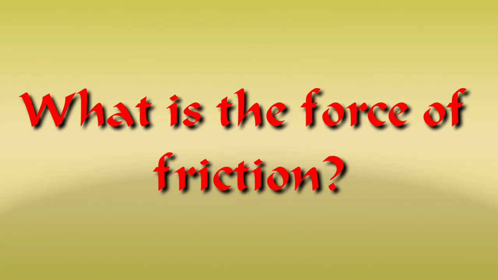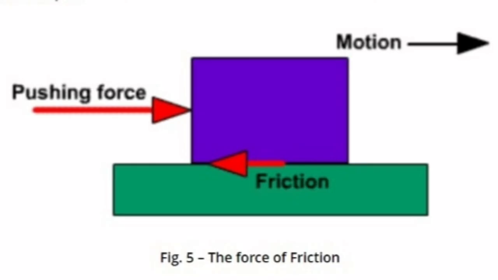Next topic: what is the force of friction? It is a force exerted when two surfaces are in contact with each other. It always acts in a direction opposite to the direction of motion of the object. This diagram shows the force of friction.